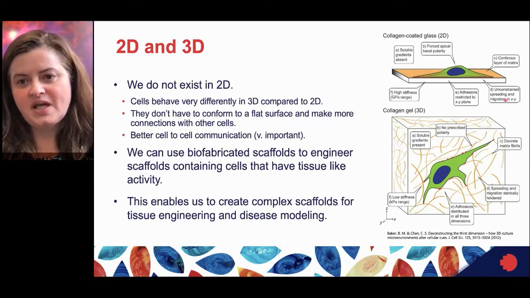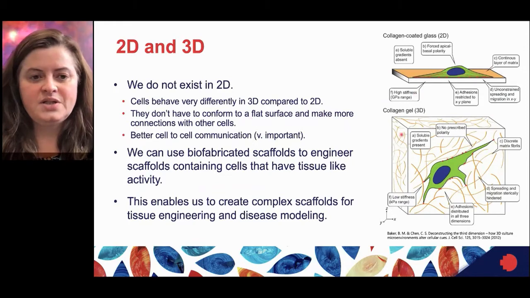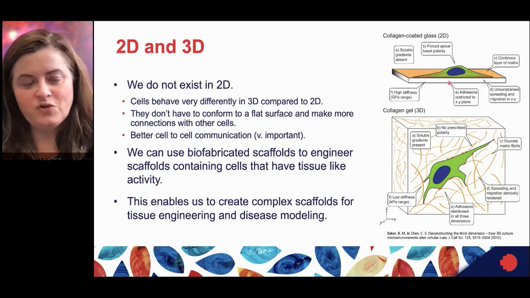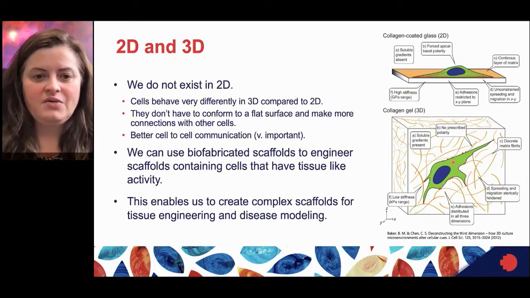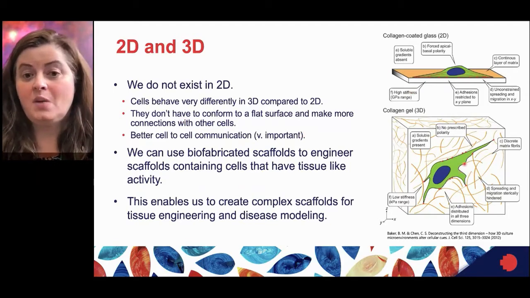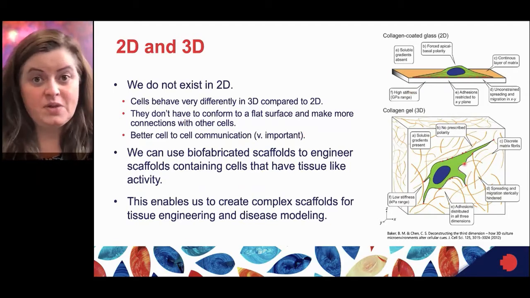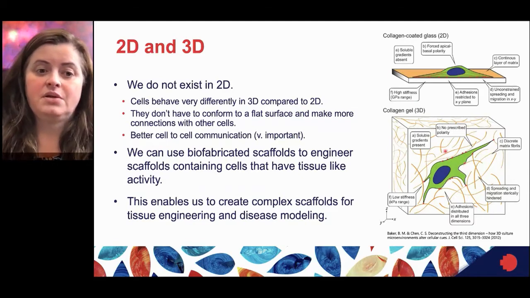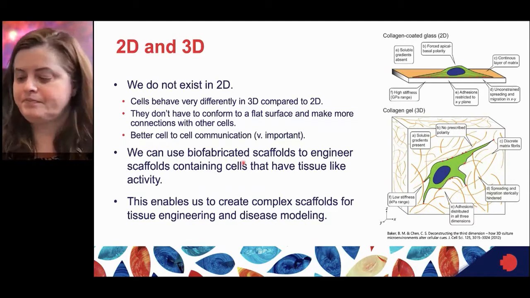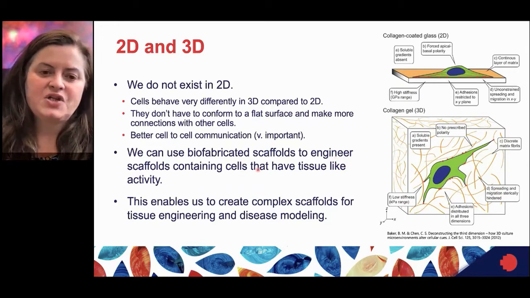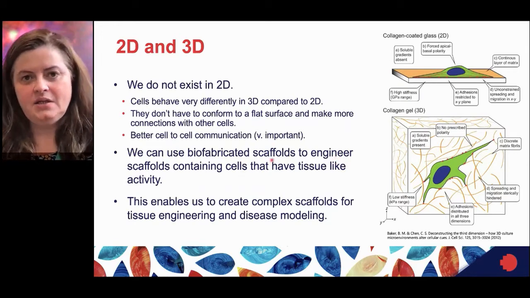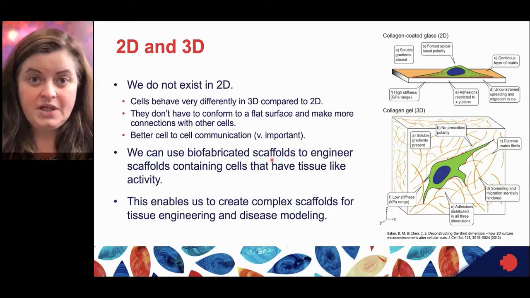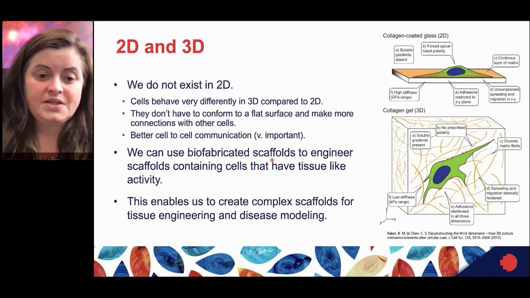So in 2 dimensions, they have to conform to a flat surface, whereas in 3 dimensions, it's more like the tissue where the cells don't have to conform to this flat surface, and they make much better and more contact with the cells around them and the environment around them, so that they're in a much more natural state. People have moved into biofabrication because it actually aids our researchers to grow these cells in a 3D manner, so in a 3D scaffold.